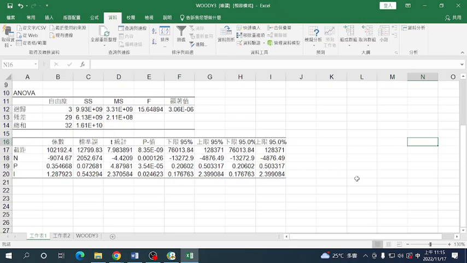How do they get these numbers? It's using beta, since this is beta 3, right? Beta 3 hat, plus and minus critical value, times standard error of the beta.